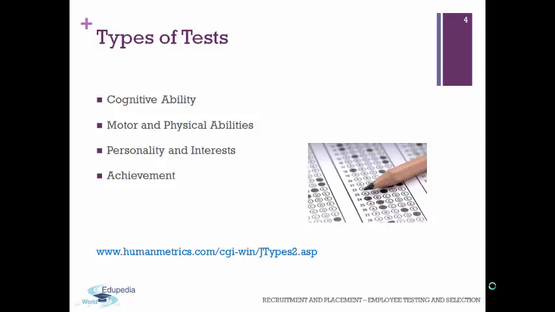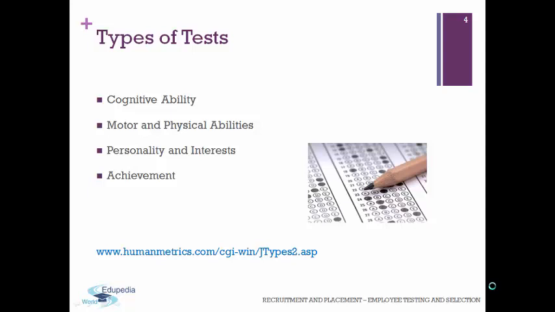So they measure not a single trait, but rather a range of abilities, including memory, vocabulary, verbal fluency, and numerical ability. And intelligence is often measured with individually administered tests, and one of the most common tests are the Stanford Binet test and the Wechsler test.